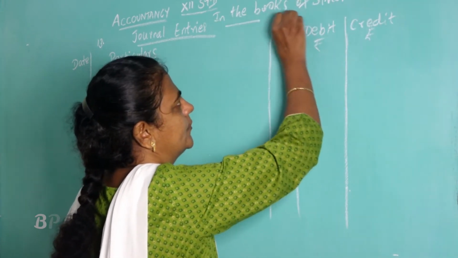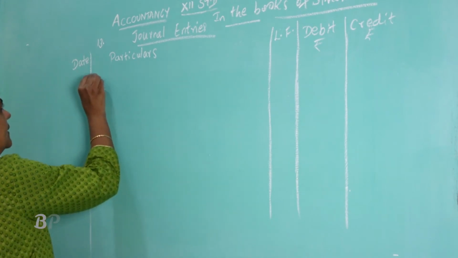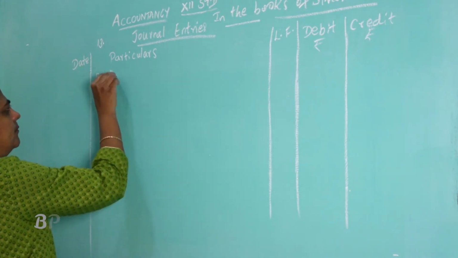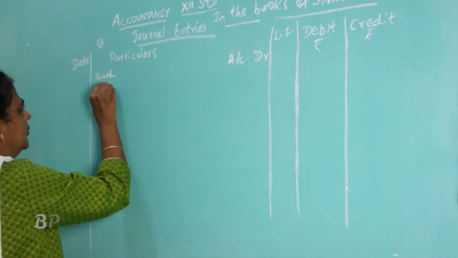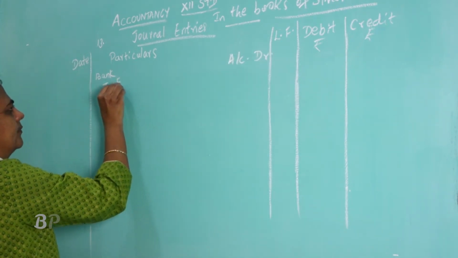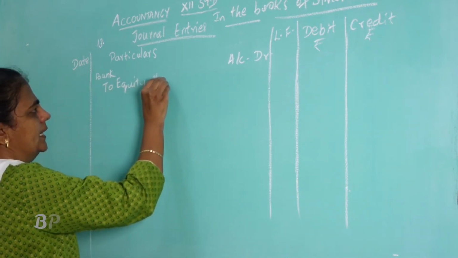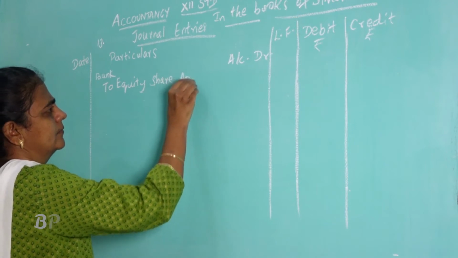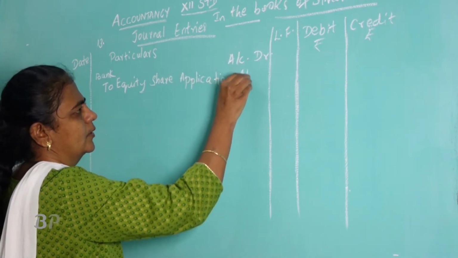Write it in the center of the page. Receipt of application money. Bank account debit to equity share application account.